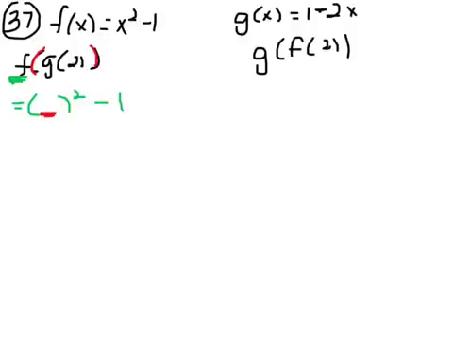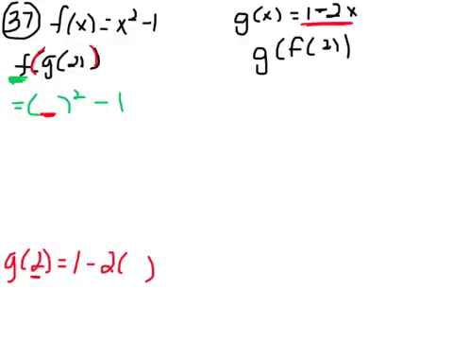So let's go off, just so we don't have as much mess, okay? Let's go off and find out, well, what is g of 2? Well, that's telling me to go get the g function, which is up here. It's 1 minus 2x. So I'm going to put 1 minus 2 instead of x. I'm going to put parentheses because this 2 in the parentheses is telling me to plug in.